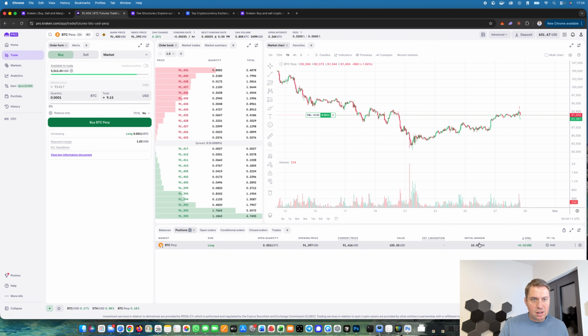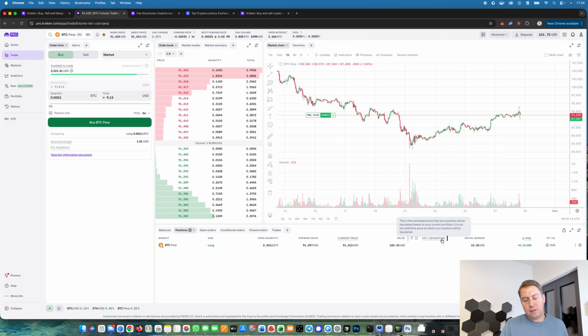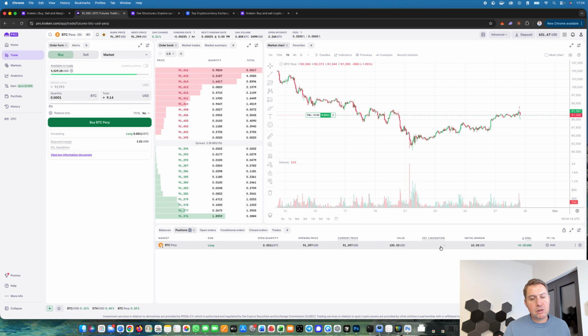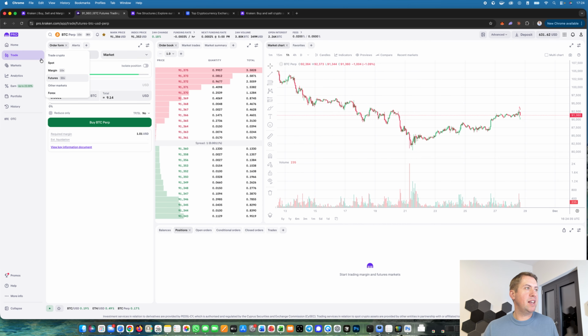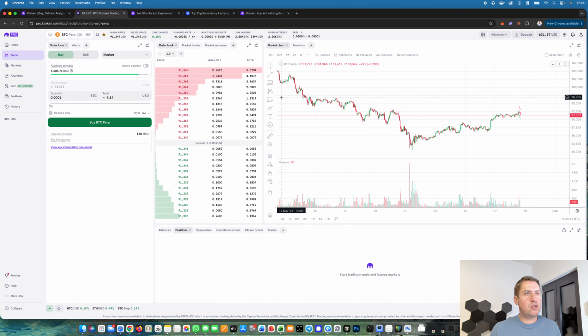And you would also see, for example, if I would open up a big position, I would also see my liquidation price here. And I can close it here, and then it even asks me if I want to close via limit or market order. I can say market order, for example, because it's just a small position, and then I just close it out. And that's basically it in terms of trading.